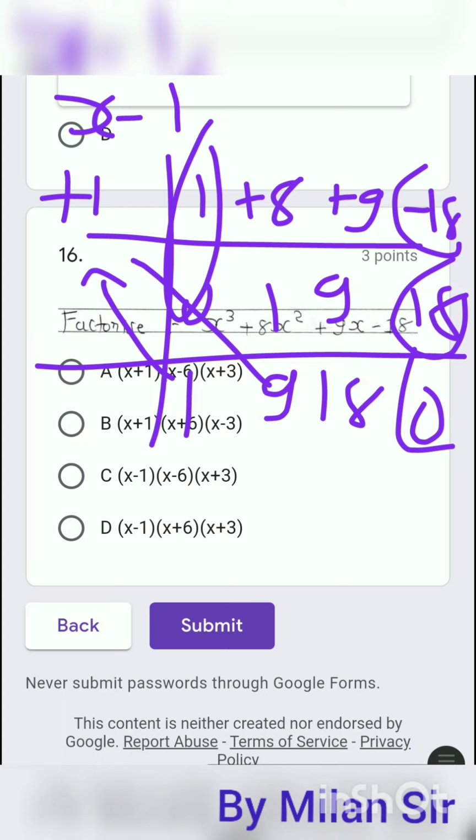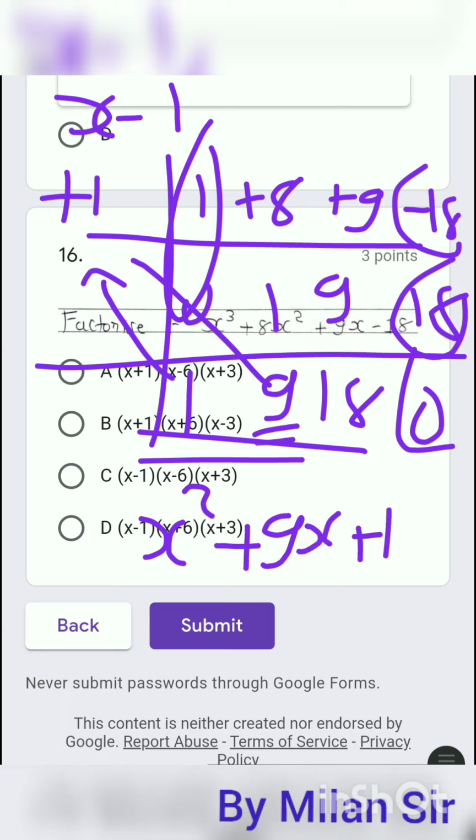So from here we can write our other factor. First is the coefficient of x square, then 9 is the coefficient of x, and 18 is the constant term.